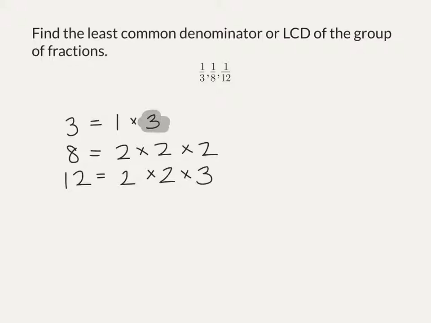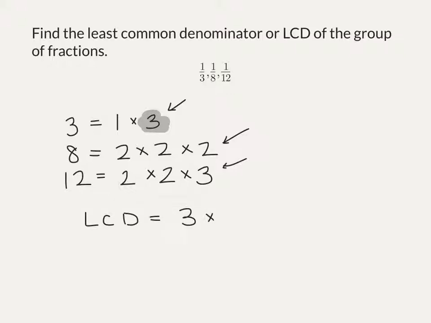What's the greatest number of times that 3 appears in any one group? Well, 3 appears once in this group, 0 times in the second group, and only 1 time in the third group. So the greatest number of times that 3 appears is once. So we'll just write down 1 three.